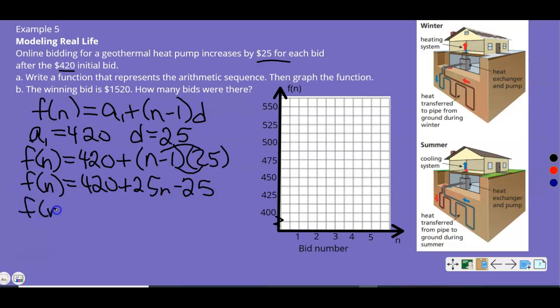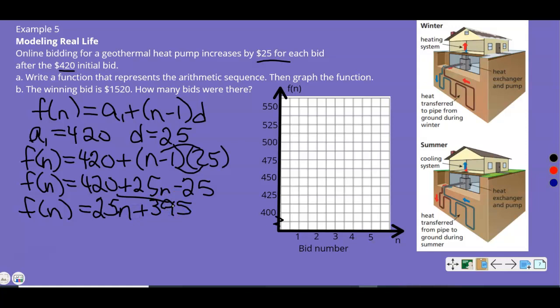Now we just need to combine like terms. Let's put the slope first. Remember, the slope is the number with the variable, so 25n goes first. Then we can combine 420 and minus 25, so that would be plus 395.